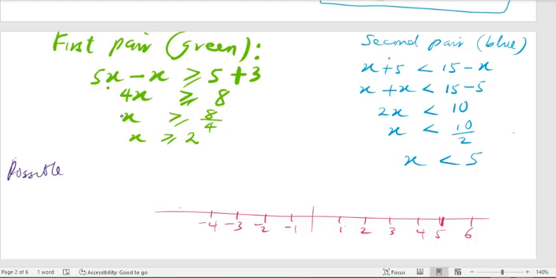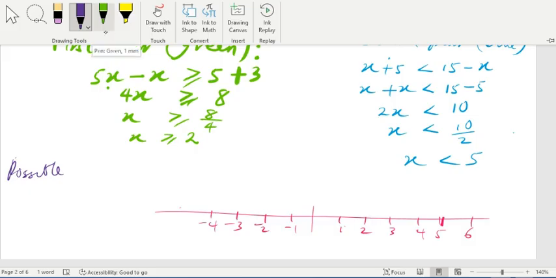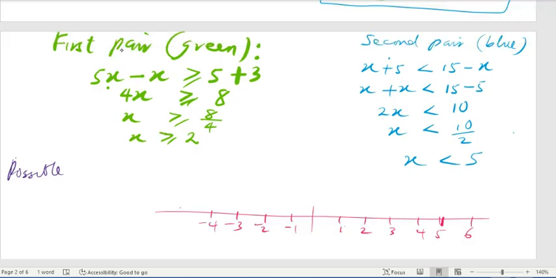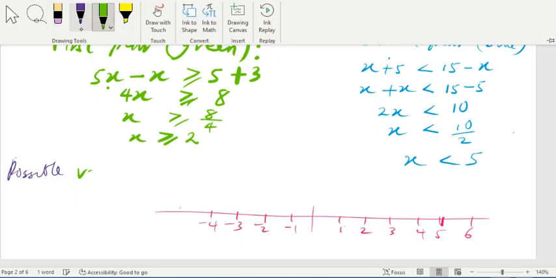X is greater than or equal to 2, but x is less than 5. Give me all the integers that satisfy the condition. Let's do that very quickly. Do I combine them? Yes, now we are combining them.